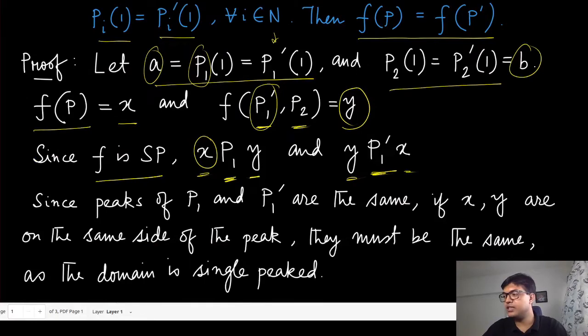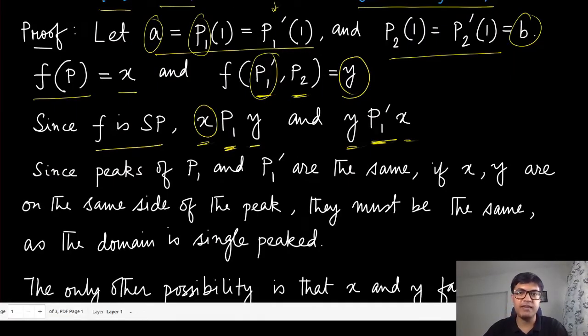Now, since the peaks of P1 and P1 prime are the same, if X and Y remain on the same side of the peak, then imagine a situation where, let's say this is the peak of P1, and both X and Y are on this side. In one case X is more preferred than Y, and at the same time Y is more preferred than X. These preferences are antisymmetric, so if X is preferred to Y and Y is preferred to X, then they must be the same.